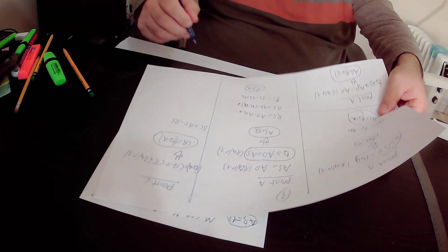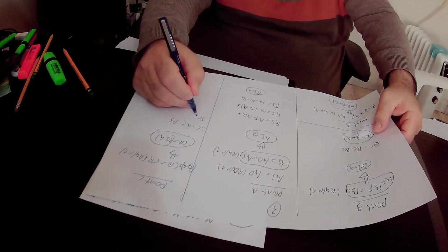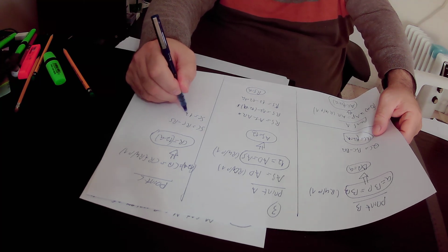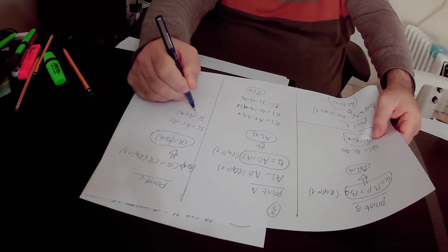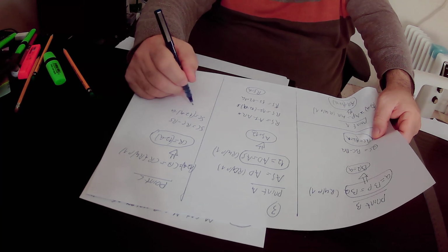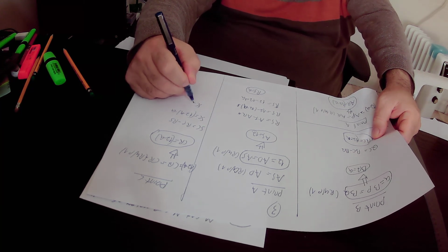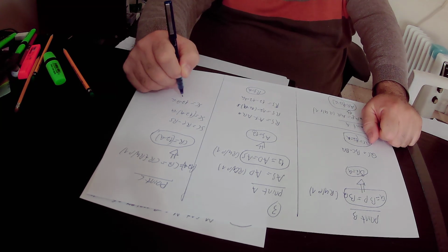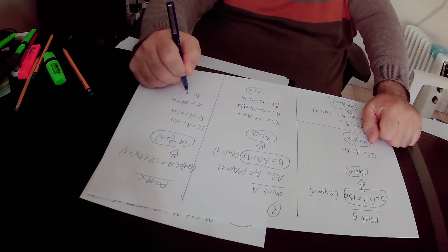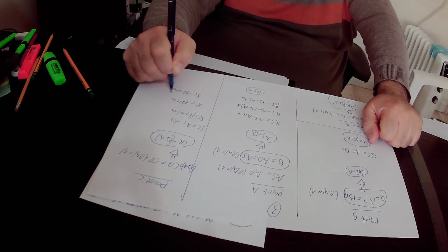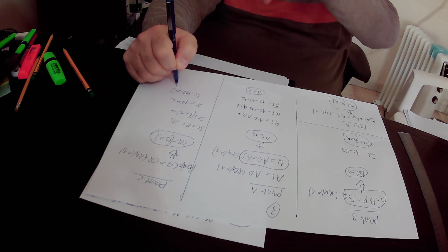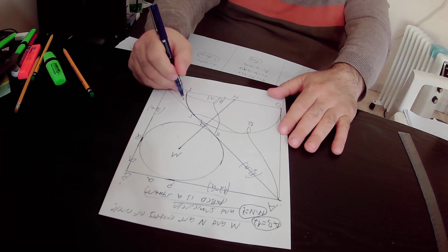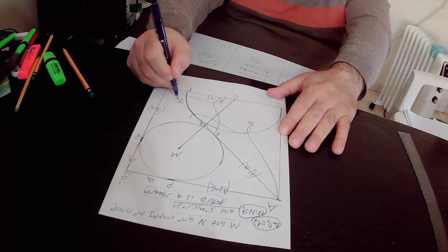That is to say, SC is equal to RC or CR, that is 12 minus A, minus RS, that is A. So we found out that SC equals 12 minus A minus A. That is to say, SC equals 12 minus 2A. Here we can write down that SC equals 12 minus 2A.